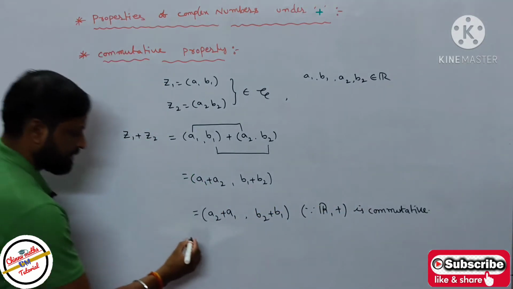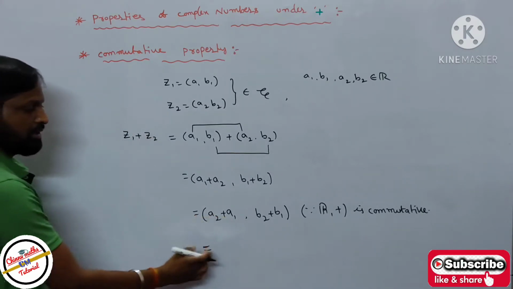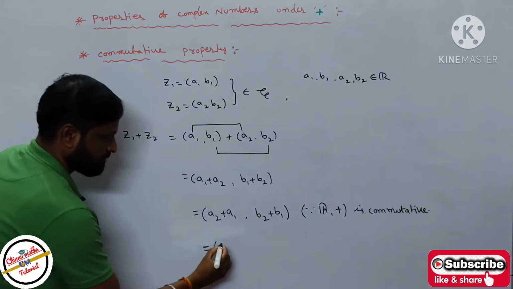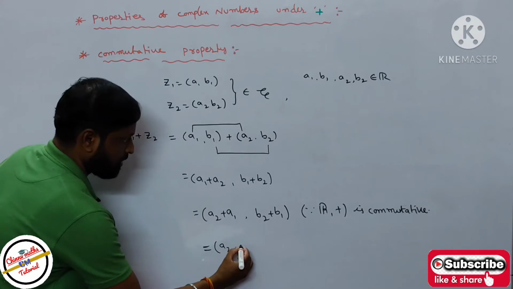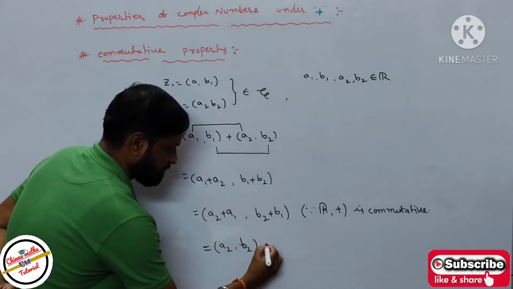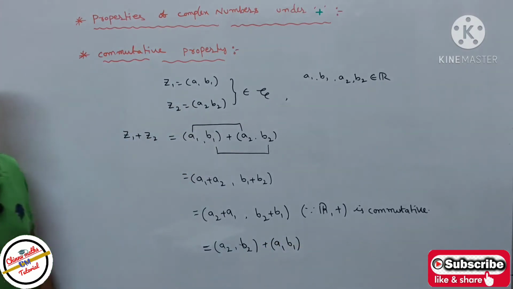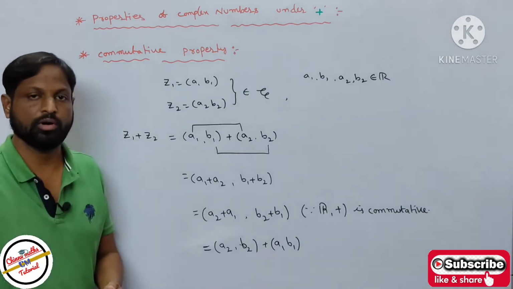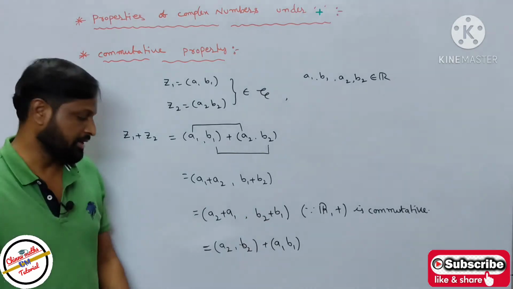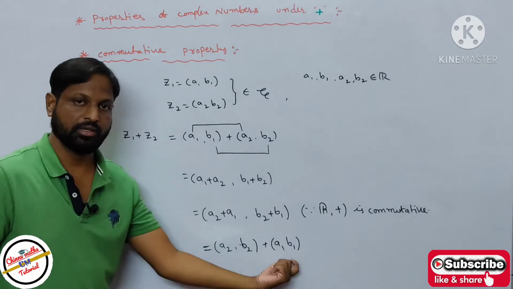Next, see here, (a2 plus a1, b2 plus b1) again can be written as (a2, b2) plus (a1, b1), by the definition of the addition of two complex numbers. (a2 plus a1, b2 plus b1) can be written as (a2, b2), one ordered pair, plus (a1, b1), another ordered pair.